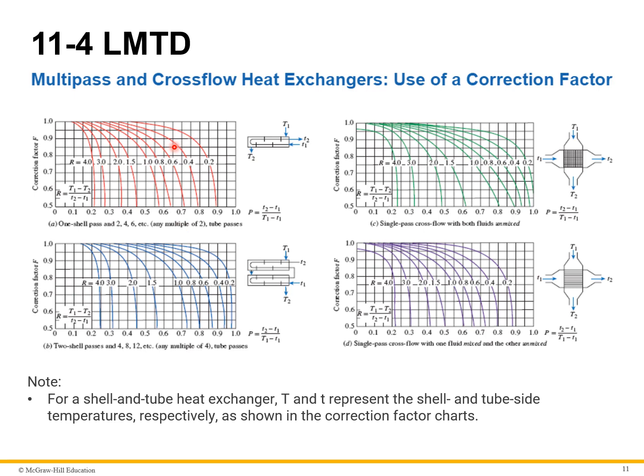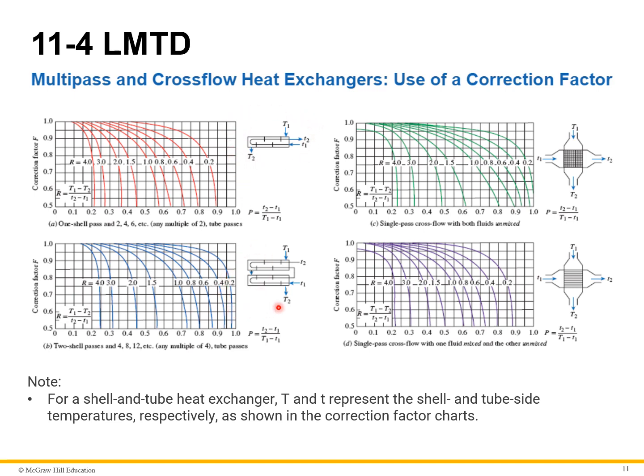In order to get the correction factor, the F value, you have to know specifically what type you have. For example, in type A here, we have a one shell pass and two or four tube passes, any multiple of two. Part B, we have a two shell pass and 4, 8, 12, any multiple of 4 tube passes. Here is a little diagram of what this looks like. This is a one shell two pass.